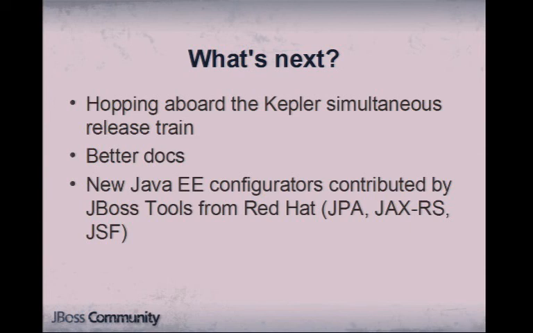JBoss and Red Hat agreed to give the M2E WTP project some new configurators for Java EE development. So we'll have in the near future JPA, JAX-RS, or JSF configurators. Whenever you have a dependency to any of these kinds of artifacts, the proper configuration will be set up automatically in your Eclipse project.